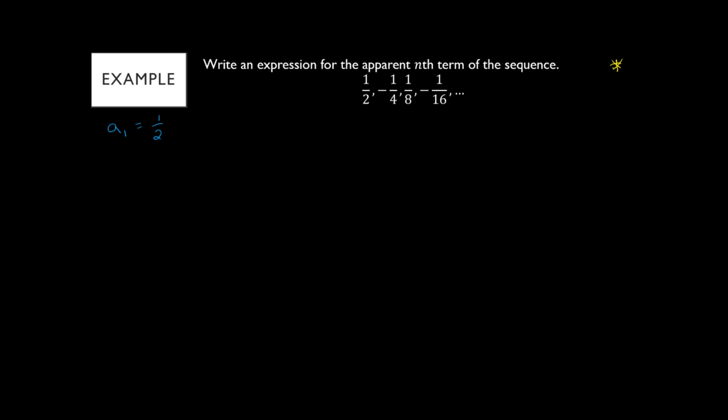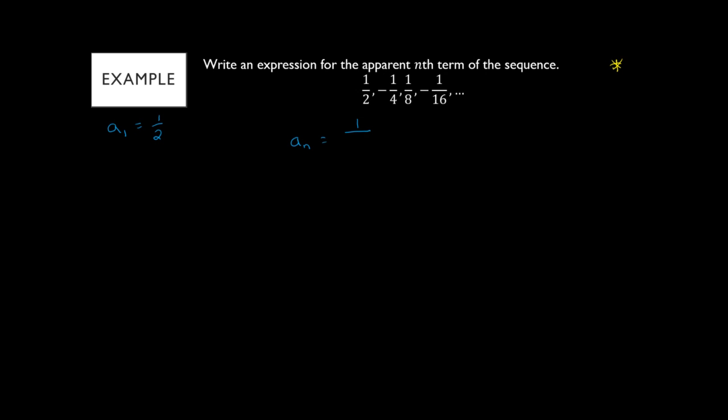This pattern is not as complicated as some others. If you see, the top is not changing. So if I wanted to write an expression for the nth term, I know the top is always going to be 1, because that's what we see. So I can just fill that in.